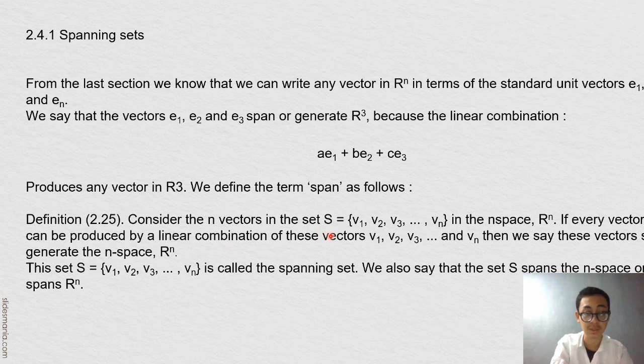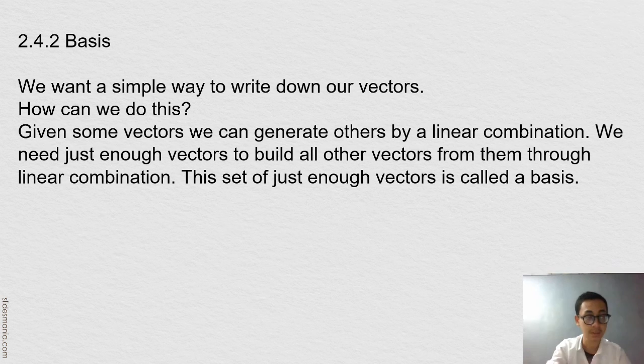Definition 2.25. Consider the n vectors in the set S, v1, v2, v3, up to vn, in any space R n. If any vector can be produced by a linear combination of these vectors, then we say that these vectors generate the space. Next, basis.